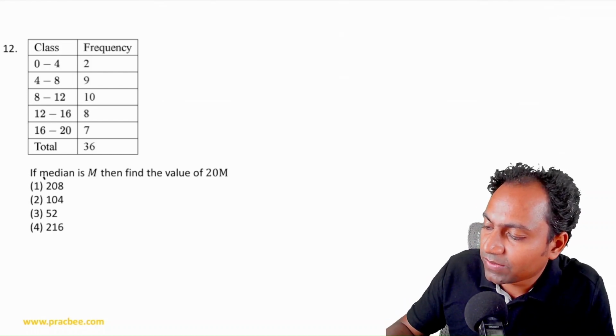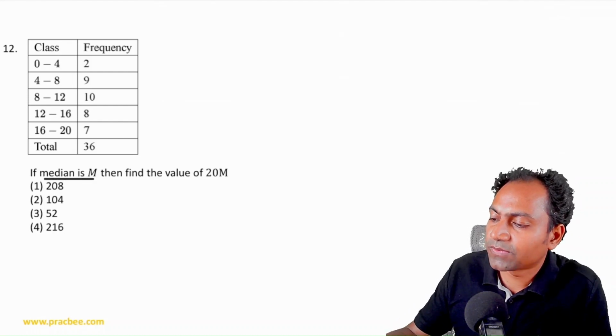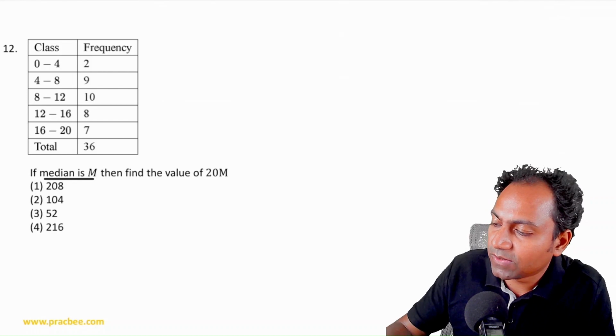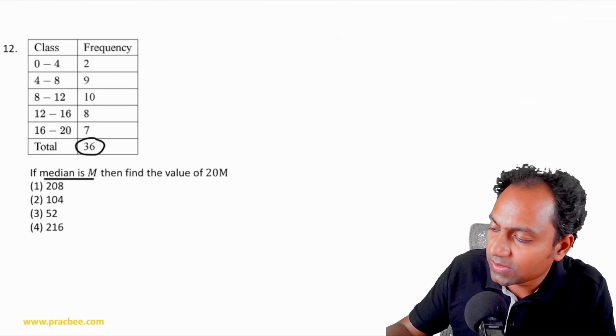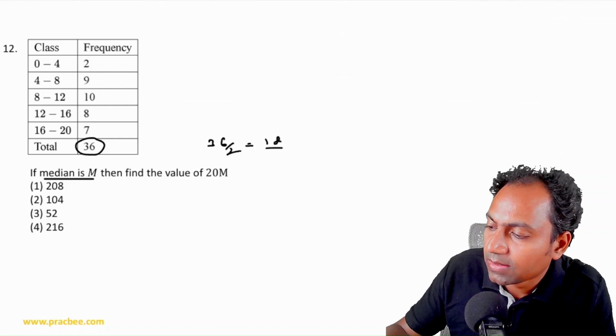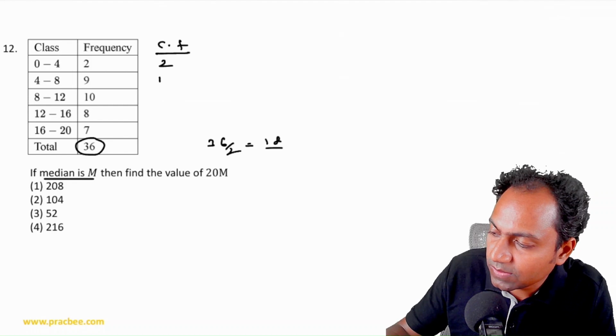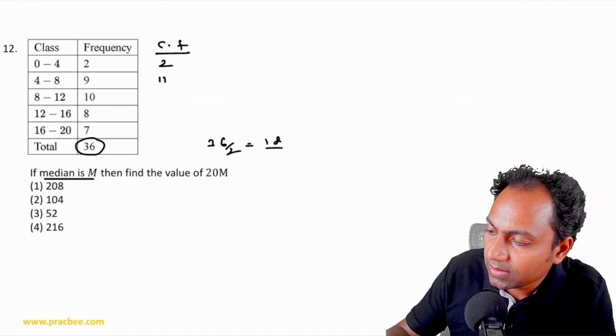So if I want to find the median of m, what we need to do in this case is first figure out that if this frequency is 36, where half of this will lie. So if I take 36 by 2, it is 18. And if I find cumulative frequency, what I will observe is this is 2. This will become 11. This will become 21.